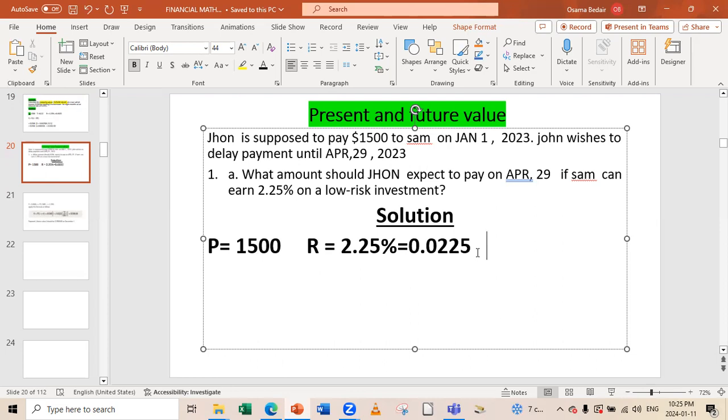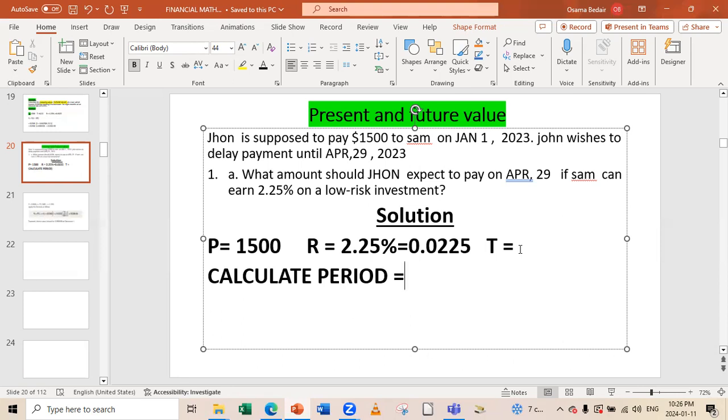Third is the time. The time here is the time between Jan 1 and April 29. So I have to calculate the time first. We will calculate the duration, or the period.